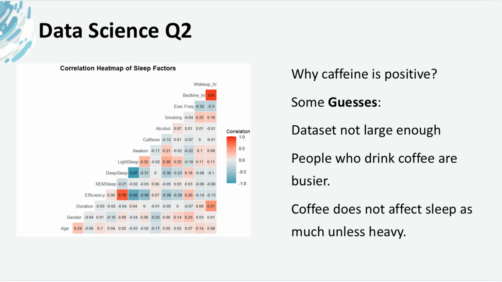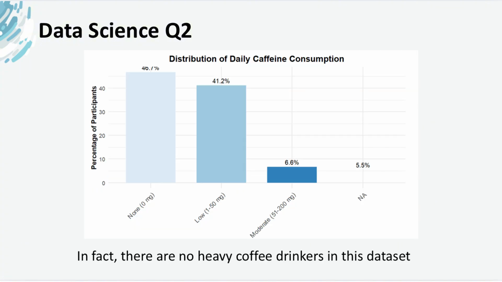Or maybe coffee does not affect sleep that much unless you're a very heavy drinker. It turns out that the third guess might be correct. I depicted a bar plot of the distribution of coffee drinkers in this dataset. I found, surprisingly, that there were no heavy drinkers, as no one took over 200 mg of caffeine.